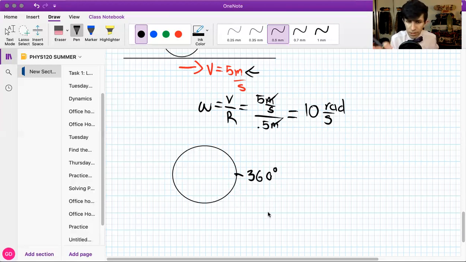Now you may be wondering, how much is this in radians? Even if you don't have a grasp of radians, because I feel like it's something we don't really use, I want you guys to understand how you can compare the two. Going around in a circle once is 360 degrees. In radians, it's 2 pi radians.